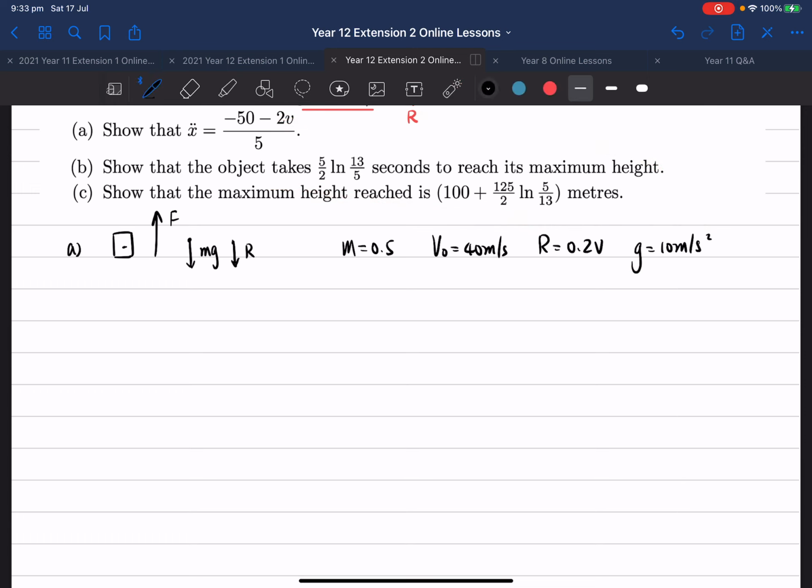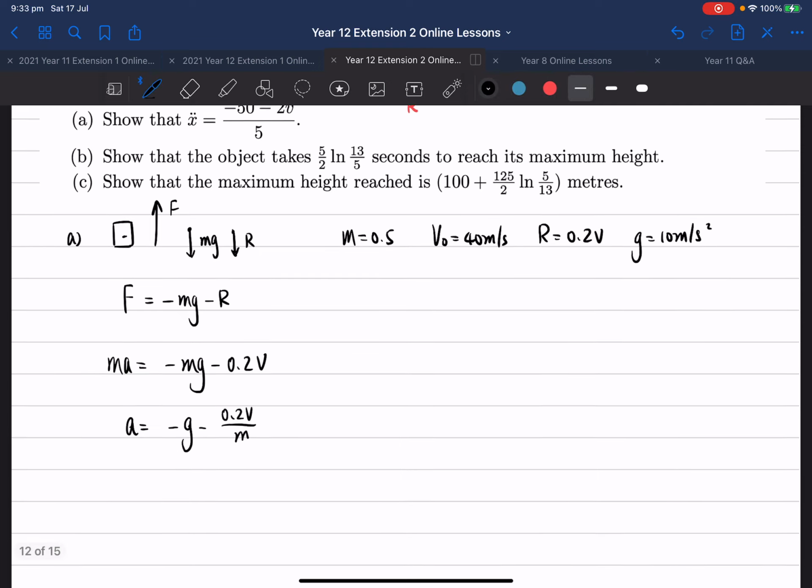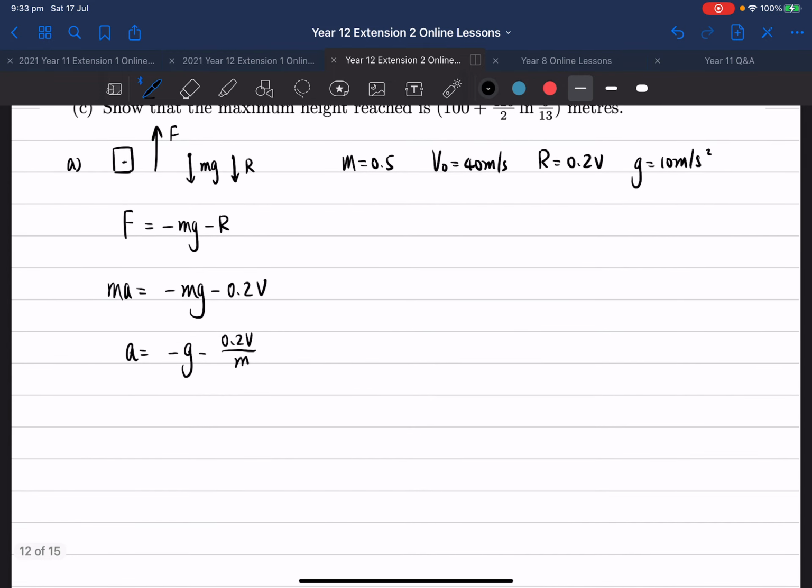Firstly, the equation of motion. The force is equal to negative mg minus R. So ma is equal to minus mg minus the resistance force, which is 0.2v. Divide everything by m. That gives you minus g minus 0.2v over m. Then all we have to do now is substitute m equal to 0.5.